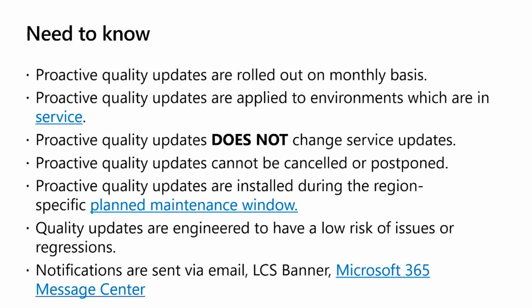Although we apply these during dark hours, that doesn't mean it will halt the business in other regions, because as we said, this proactive quality update also follows the near zero downtime framework. So the services will be online with reduced capacity.